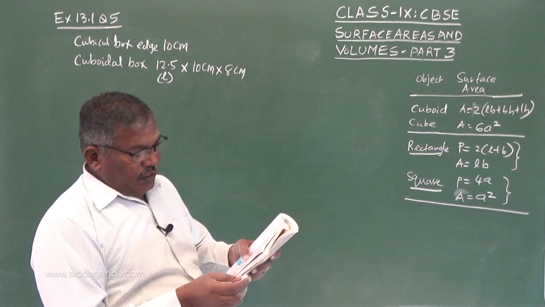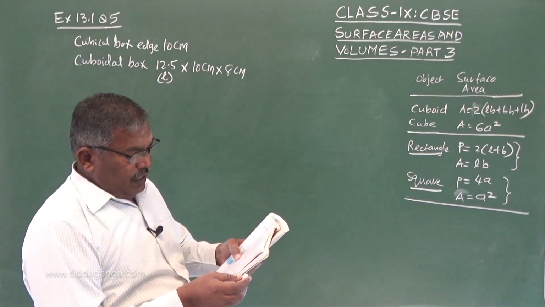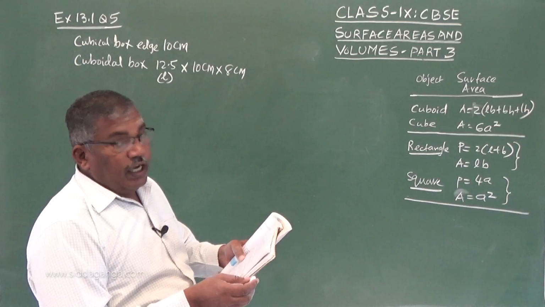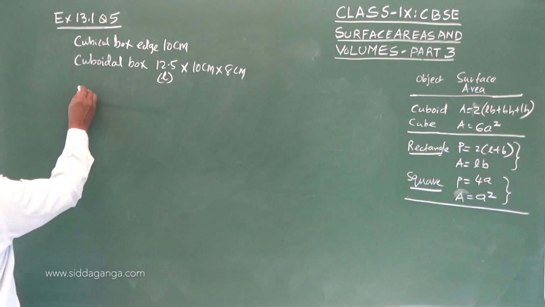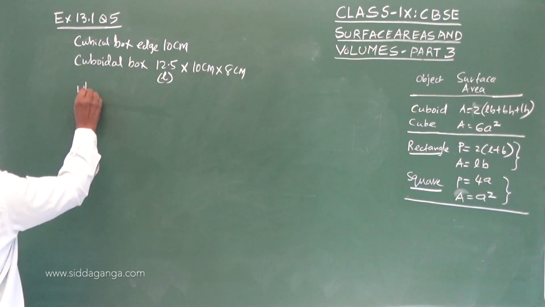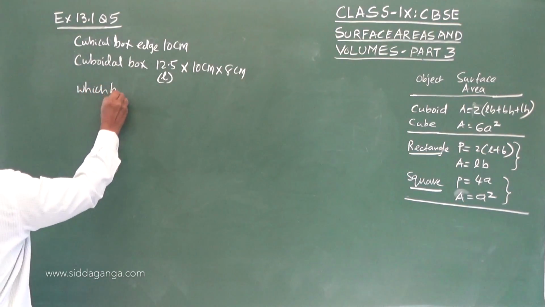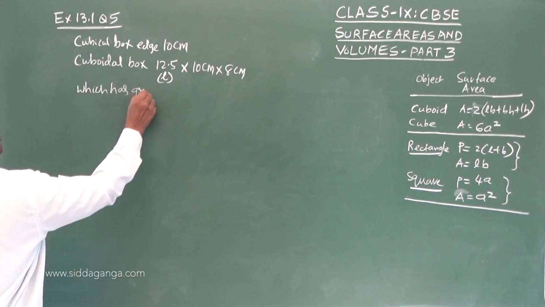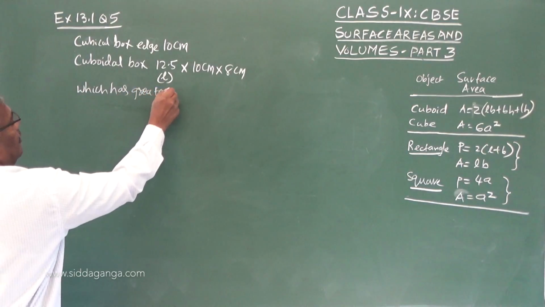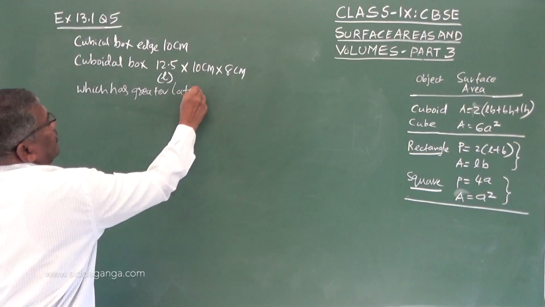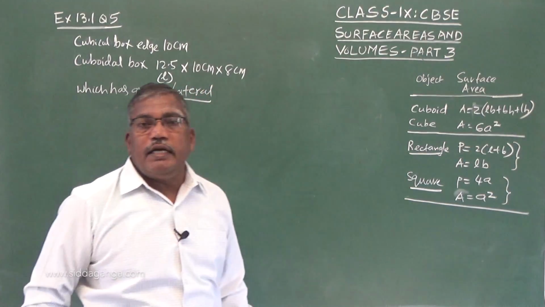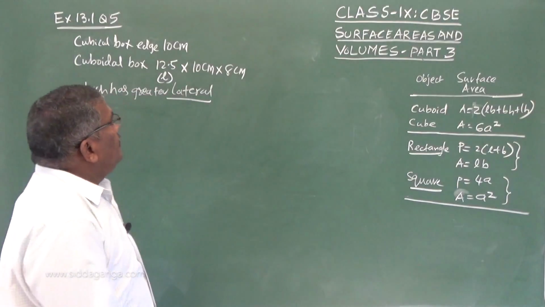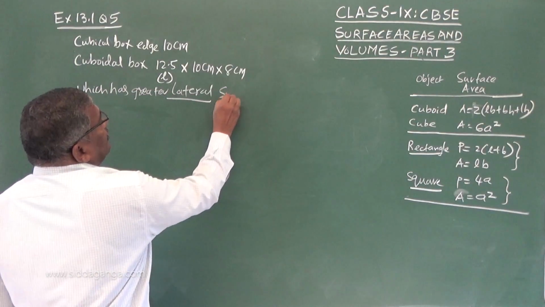Which box has the greater lateral surface area and by how much? Remember, lateral surface area, which has greater lateral. This word is very important. Do not calculate the total surface area, lateral surface area.